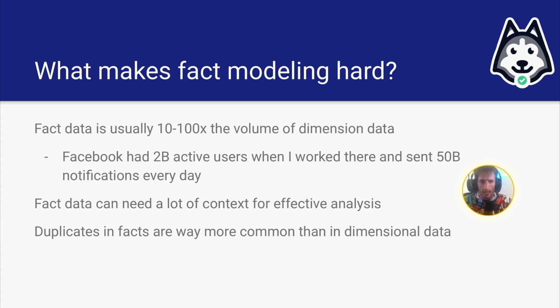Another big thing that can be important with fact data that is less important with dimensional data is you need context for effective analysis. For example, say we sent a notification. Well, that fact in isolation is pretty terrible. It doesn't really provide any insight.